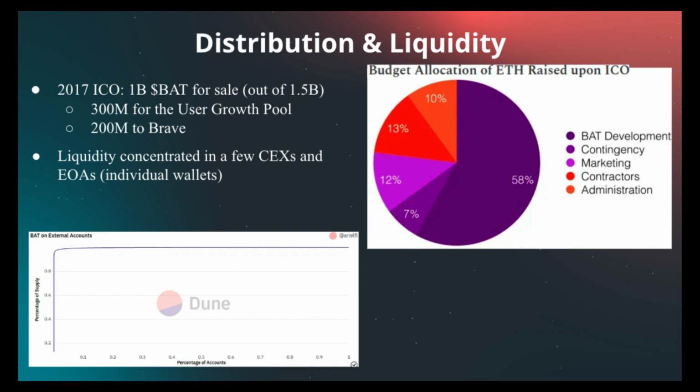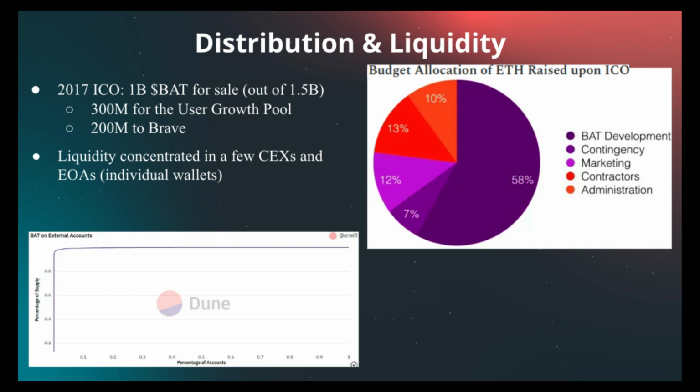I don't know who those guys are, I don't know if the team does, maybe they do, but if some of them decide to sell BAT, that would mean significant selling pressure for the token, and it could just collapse the whole system, at least in my view. It's quite a significant amount of liquidity for a few people to be holding.